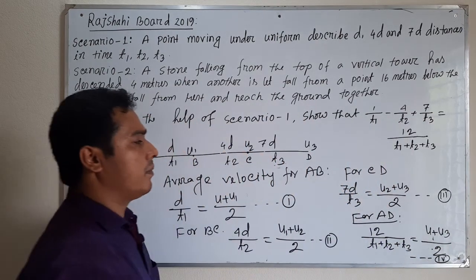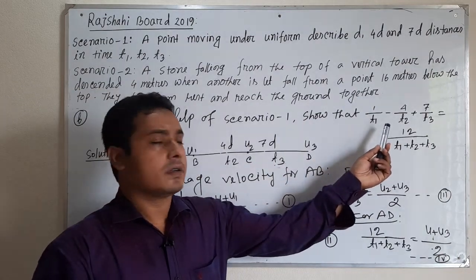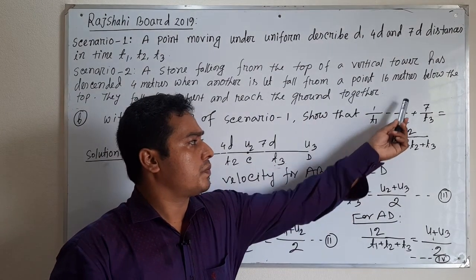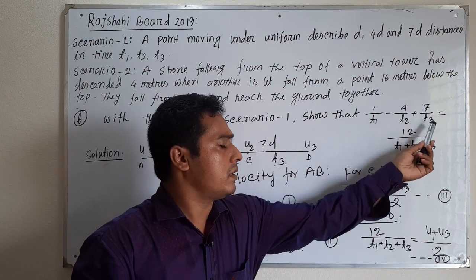Okay, here you have to see this 1 by T1 minus 4 by T2 plus 7 divided by T3.